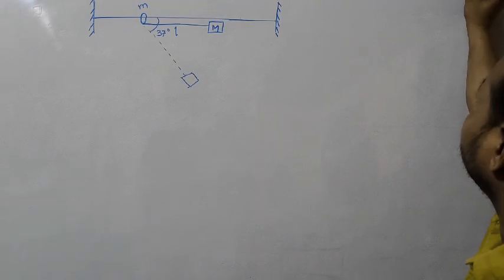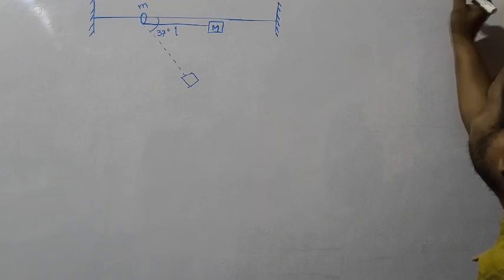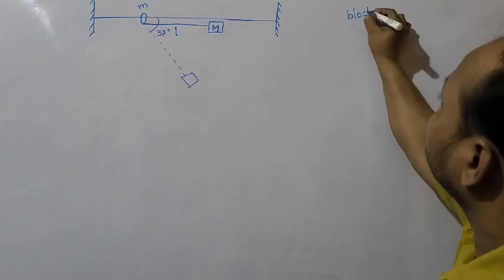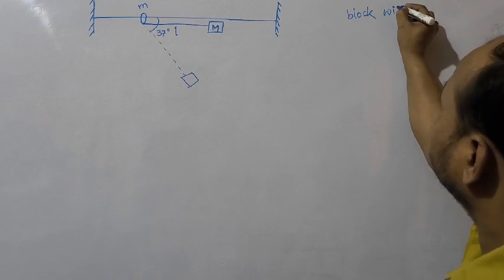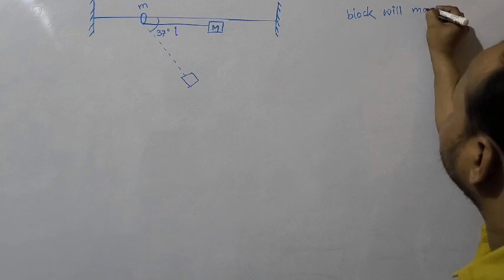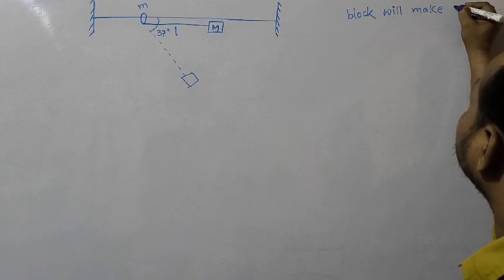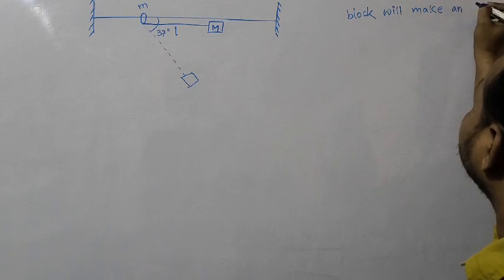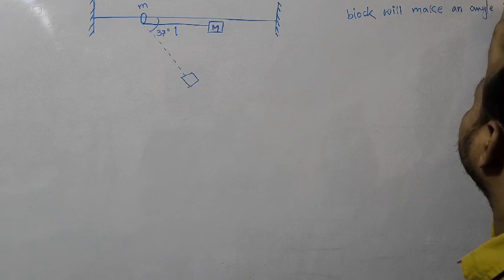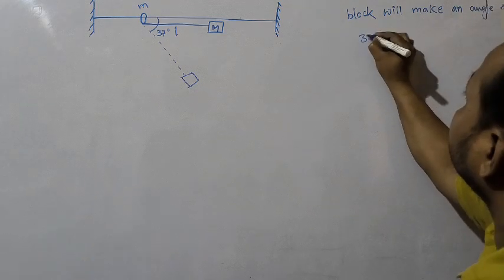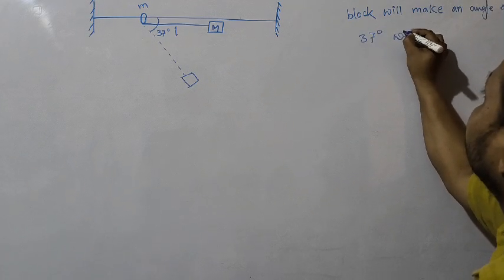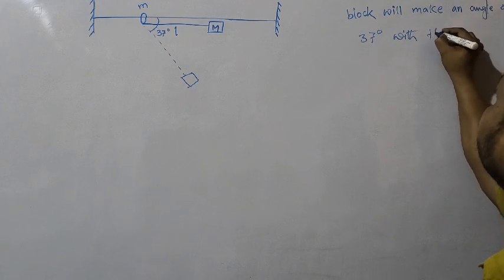when the block will make an angle of 37 degree with the horizontal.